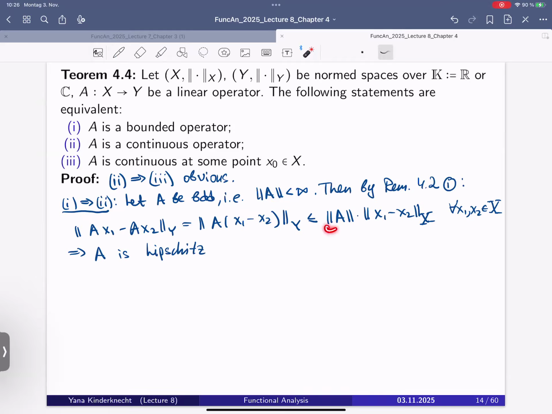So this is the Lipschitz constant of this mapping A. And we have also discussed that if the mapping is Lipschitz, then it is continuous.